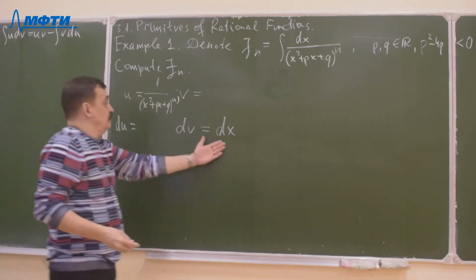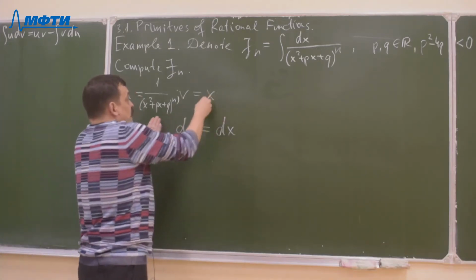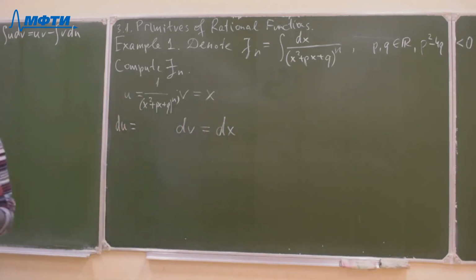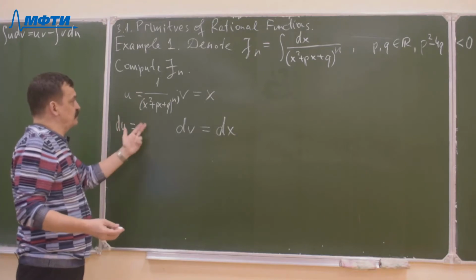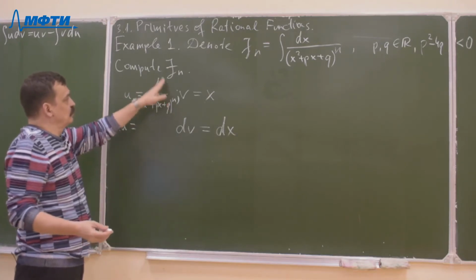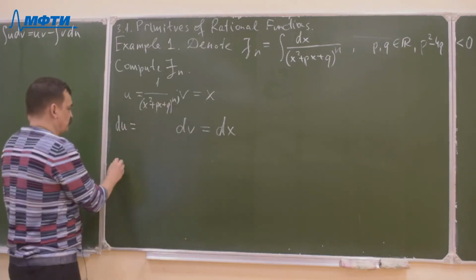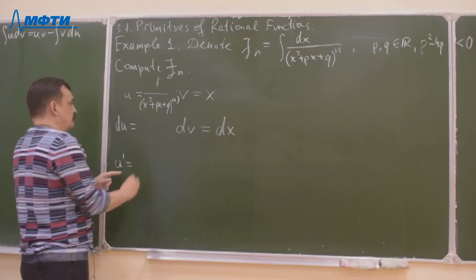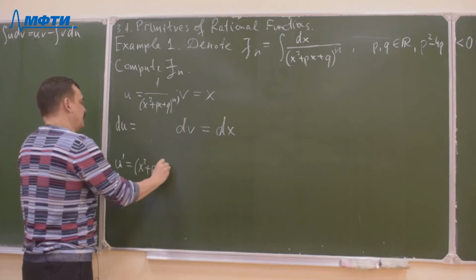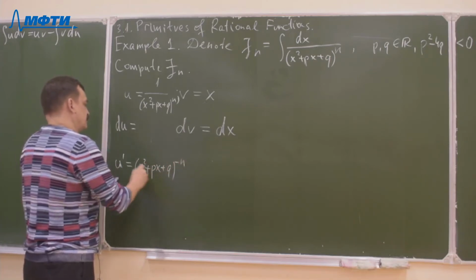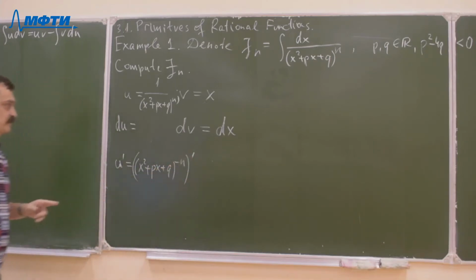If dv equals dx, then v is certainly x. And to find du, we should find the derivative and multiply by dx. So what is u prime? That is (x squared plus px plus q) to the power minus n, and we differentiate it.